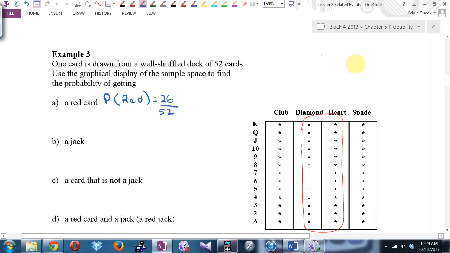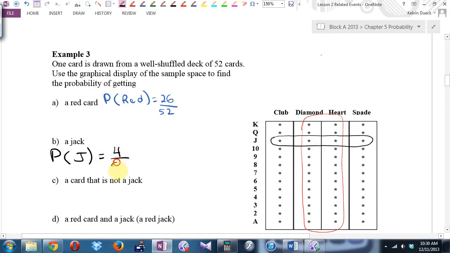B. Cole, what's B want me to find? I'm going to go black for Jack because it rhymes. Circle the jacks. Yes? The probability of a jack, how many jacks are there?